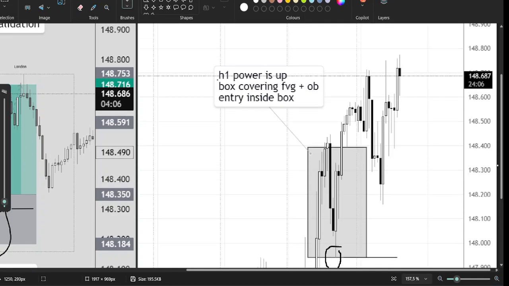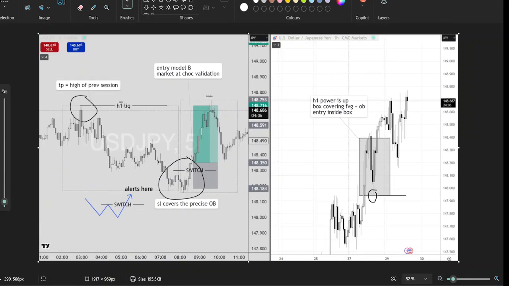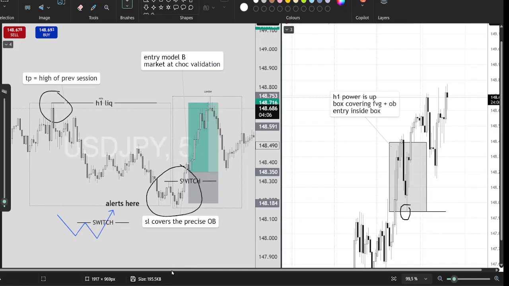So H1 power is up, box covering FVG or gap or whatever, and OB. So block and gap, and entry would be inside of the box, meaning this box right here. And we now move to the M5, where we have some more detailed action.